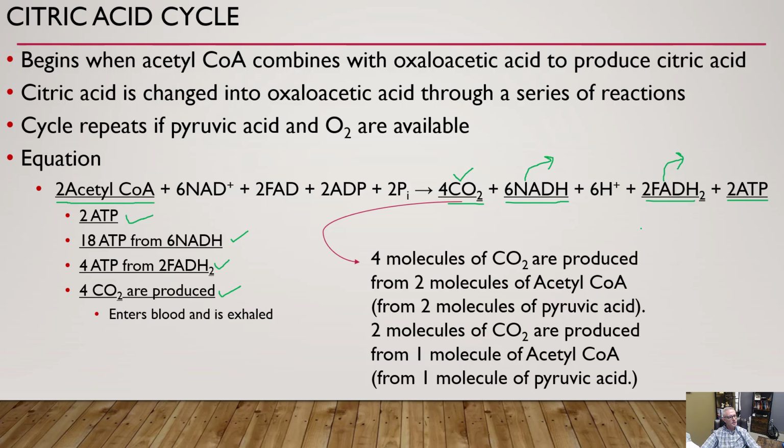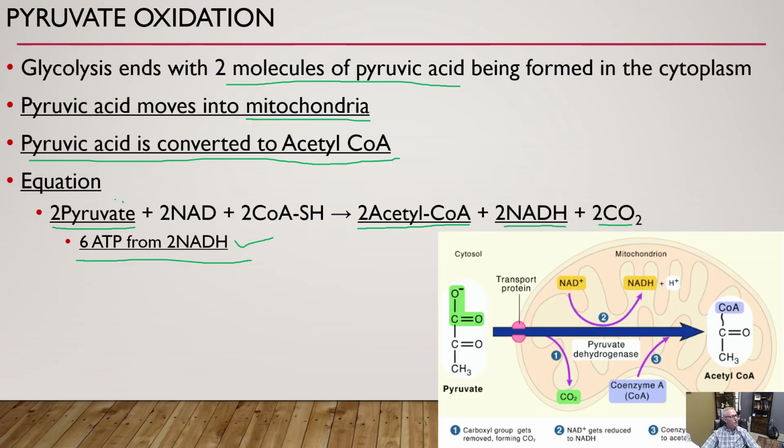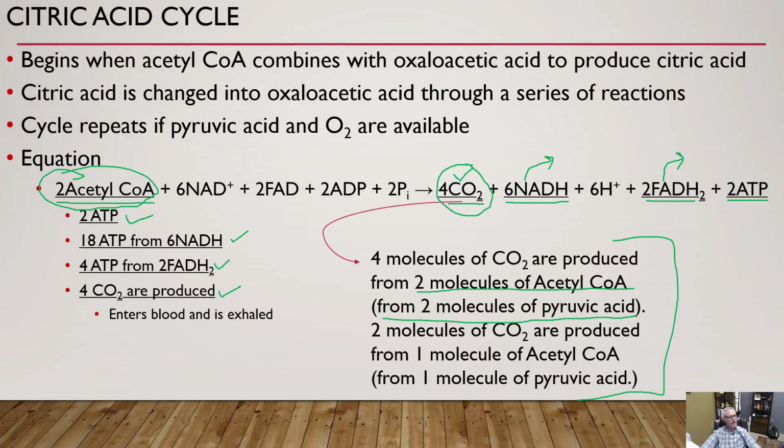Now, the reason this statement is on here is because this is a tricky question on one of your quizzes and tests. Here it says that 4 molecules of carbon dioxide are produced from 2 molecules of acetyl-CoA, or from 2 molecules of pyruvic acid, because up here we started with 2 molecules of pyruvic acid.